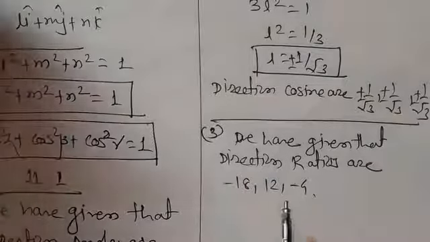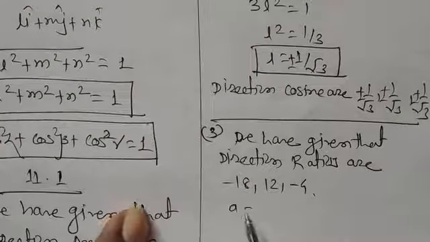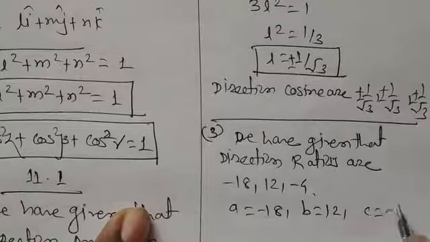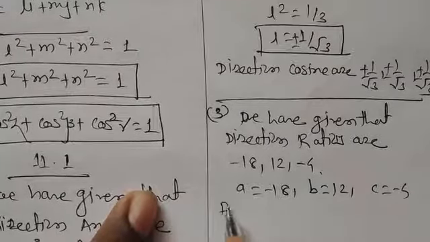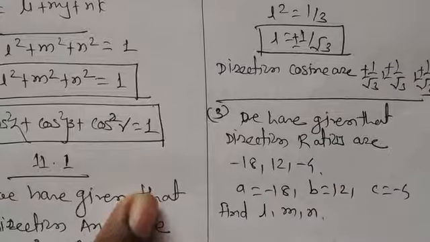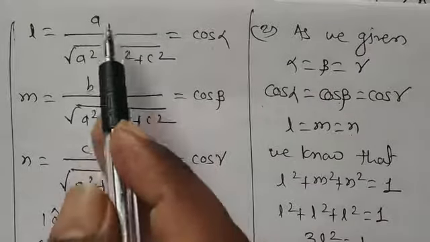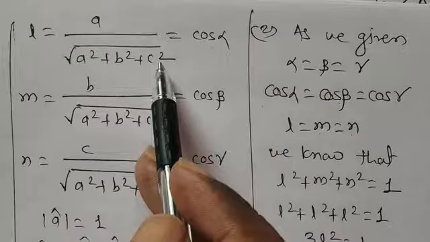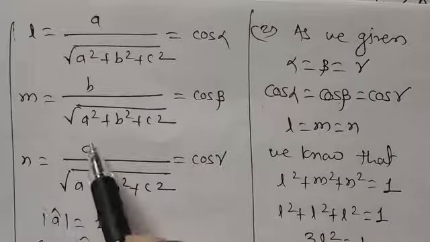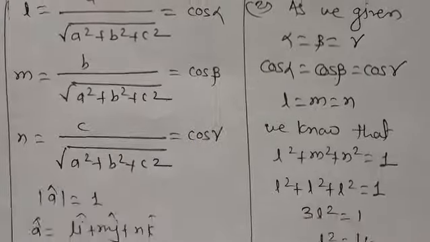Find the direction cosines. A is equals to minus 18, B is equals to 12 and C is equals to minus 4. Find L, M, N. We know the formula: L is equals to A upon under root of A square plus B square plus C square. M is equals to B upon under root of A square plus B square plus C square. N is equal to C upon under root of A square plus B square plus C square.